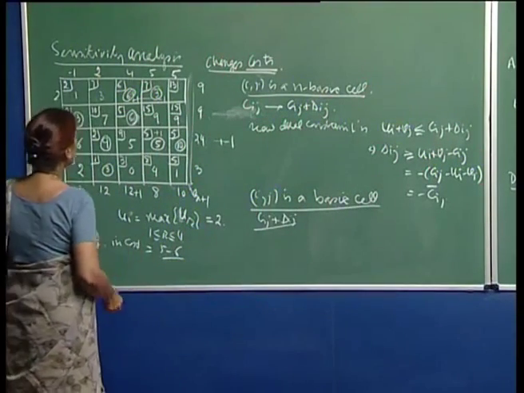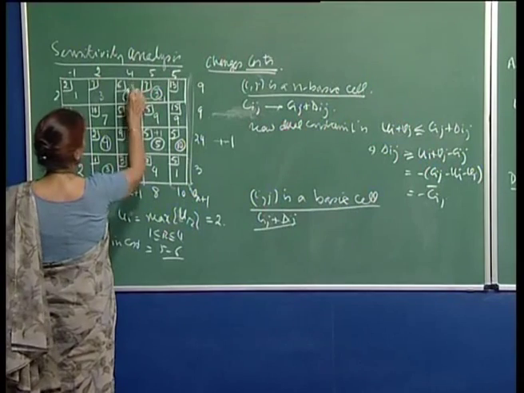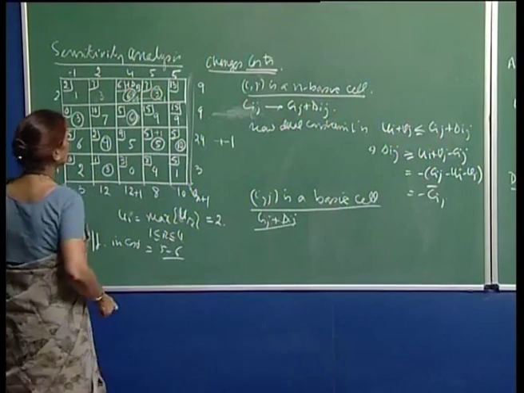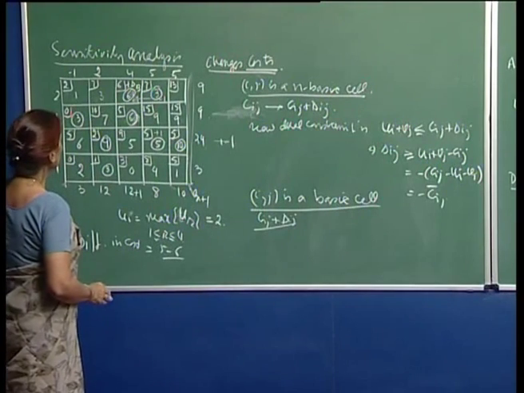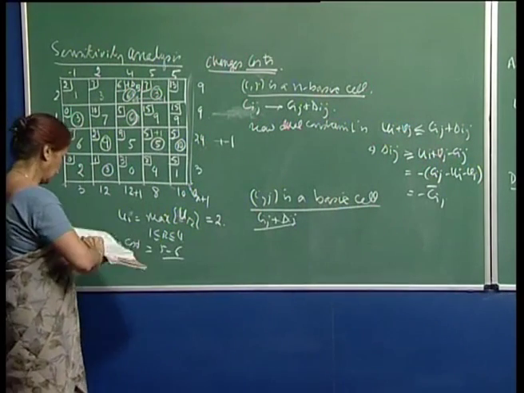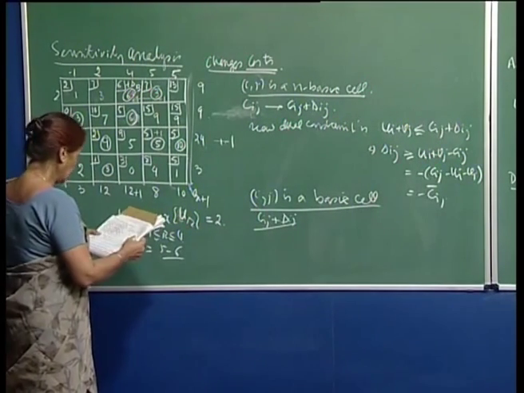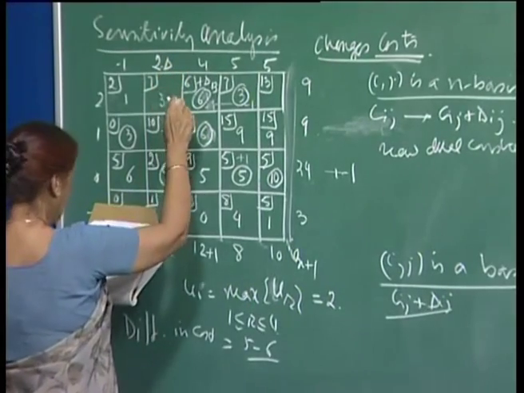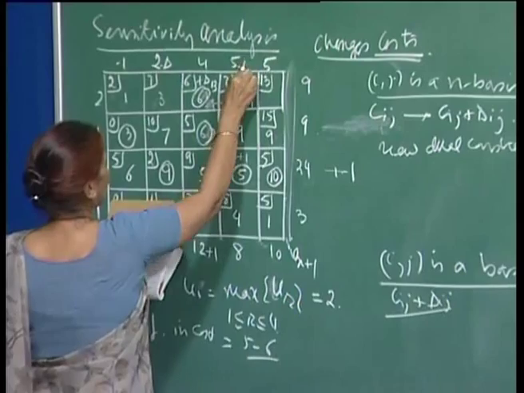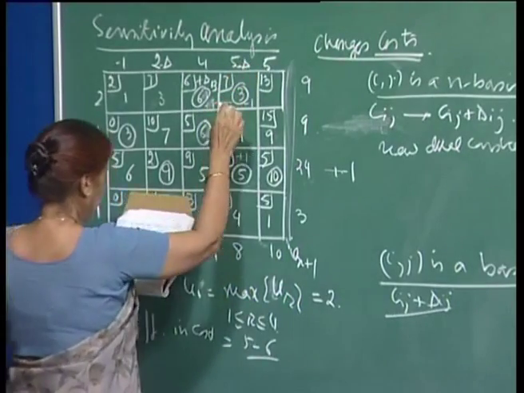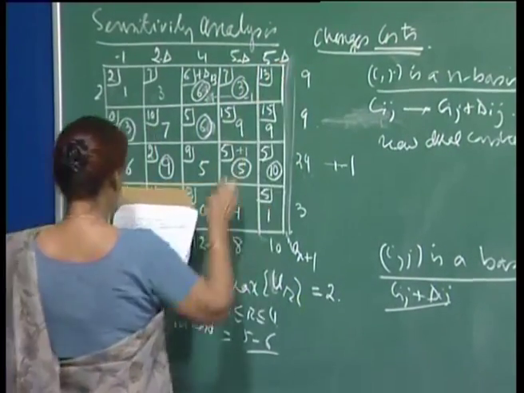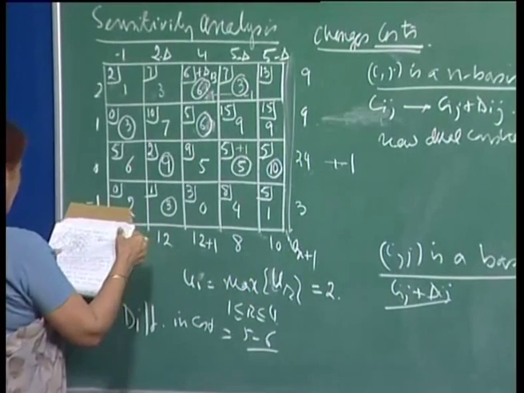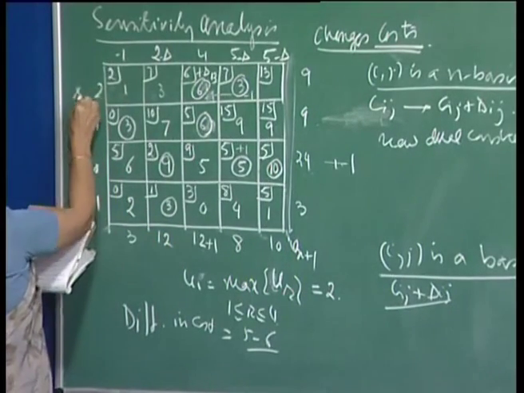So, for example, here if this number goes up by delta, so this is delta 1 3, you can quickly compute. I will just show you the numbers here, because otherwise it will take time. So, this is 2 minus delta, then 5 minus delta, and this is also 5 minus delta. Then here it will become delta plus 2.